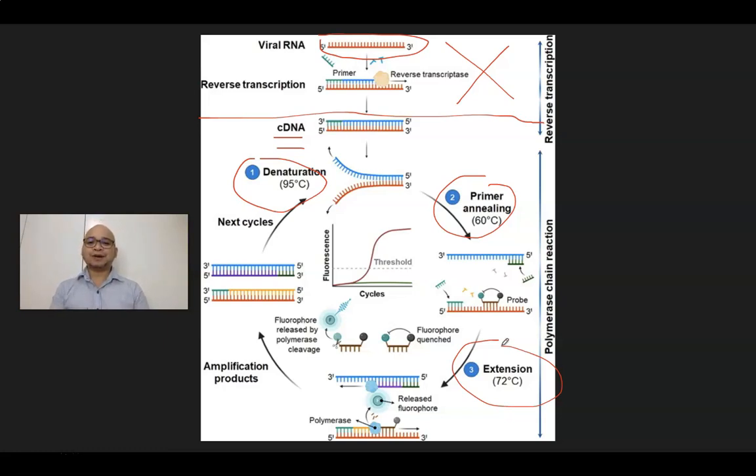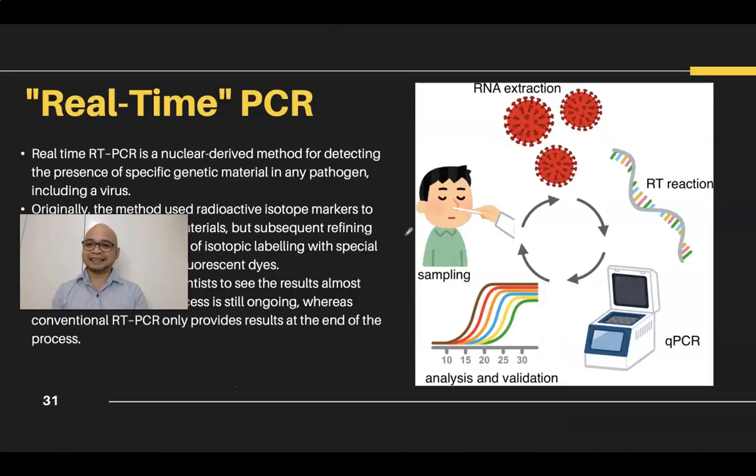How? Because here you will be adding a fluorophore. You have to quench the fluorophore, and the fluorophore would serve as an indicator, so that whenever the products are being amplified, it will be detected by the machine, in real time, as it happens. Okay, so that's the beauty of this particular diagnostic testing.